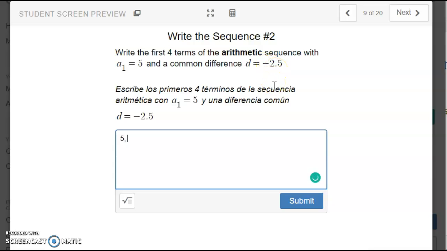The number's getting smaller, and you're subtracting 2.5 from 5. 5 minus 2.5 is 2.5. And then 2.5 minus 2.5 is going to be 0. And from 0, if I take another 2.5, it is going to be negative 2.5.